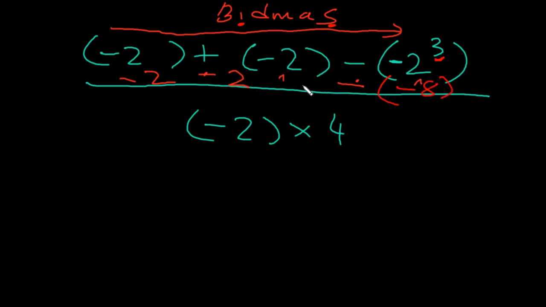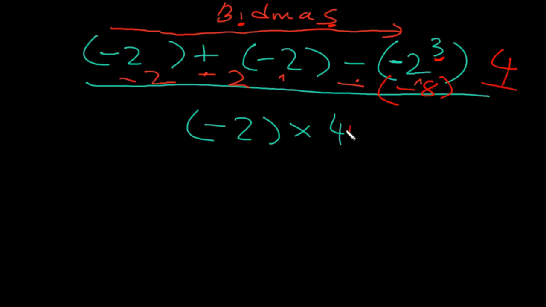Alright, so if we look here, it's a bit messy, but we can see here that we are subtracting a negative number, which is the same as adding the complementary positive number. So what we have is minus 2, which is minus 4, plus 8, which equals 4. Right, and now we're going to divide that by, here we have minus 2 times 4, so we have a negative number multiplied by a positive number.